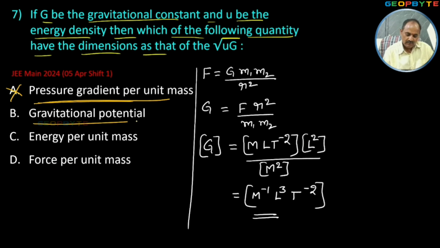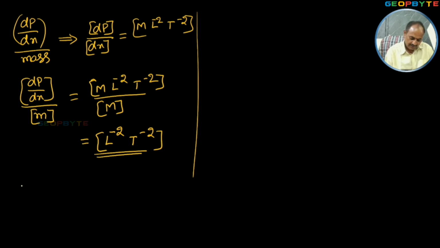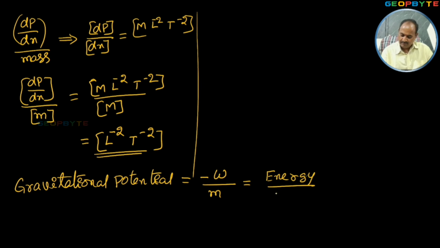Okay. Similarly, look at the gravitational potential. Dear friends, remember, gravitational potential is equal to negative sign of work per unit mass, right? Work is a kind of energy. Indirectly, it is energy dimensional formula dividing by mass dimensional formula.